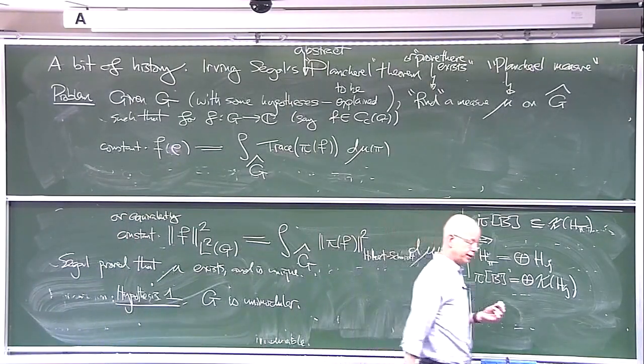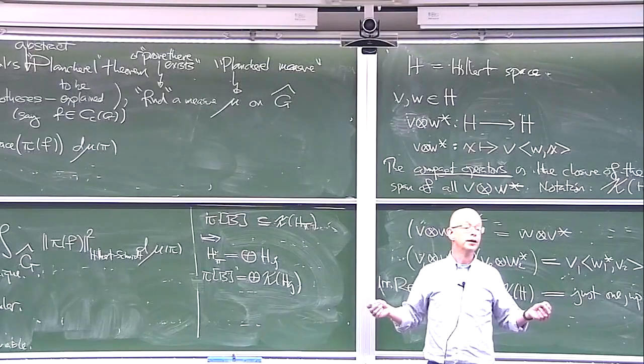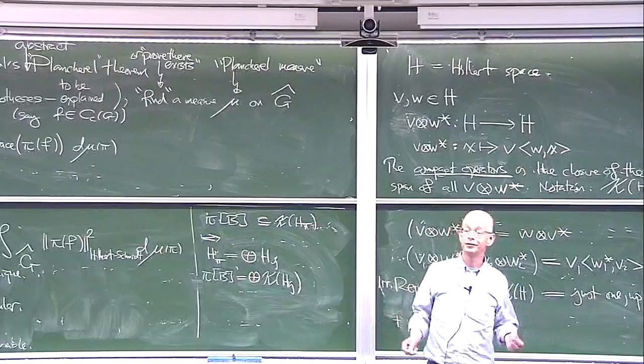It's not the case that each representation of a C-star algebra decomposes into a direct sum of irreducible representations. This is not the case at all.